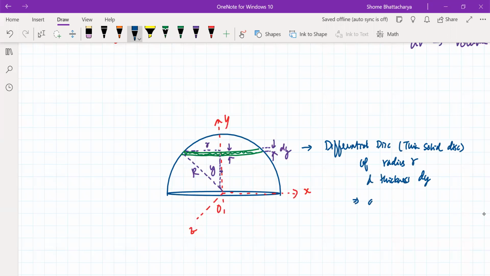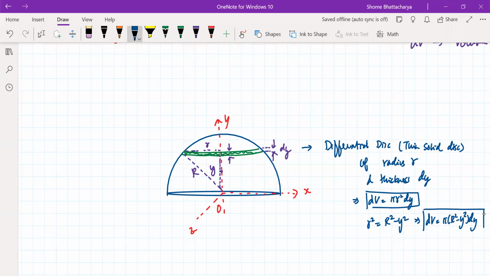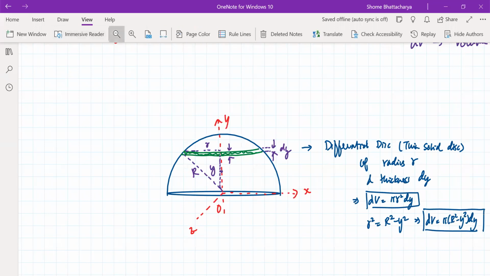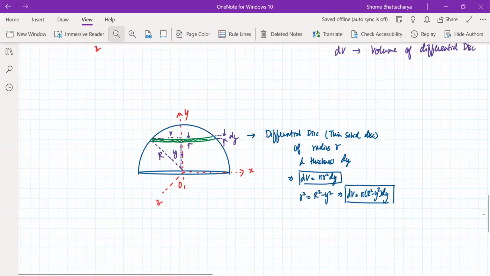So the volume of that disk will become this. And here r square is capital R square minus y square. So this is what we will substitute as the volume of the disk in the above integral to find the center of mass of the hemisphere, but in this case, the solid hemisphere.